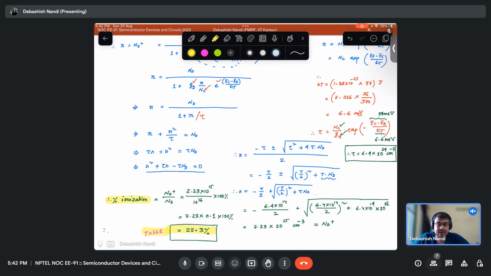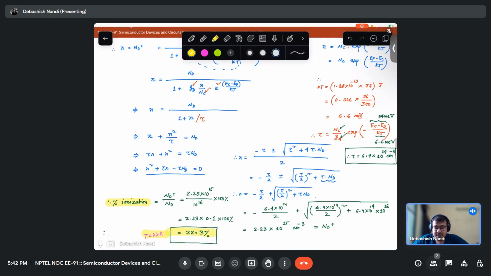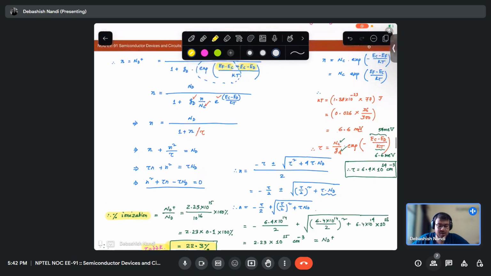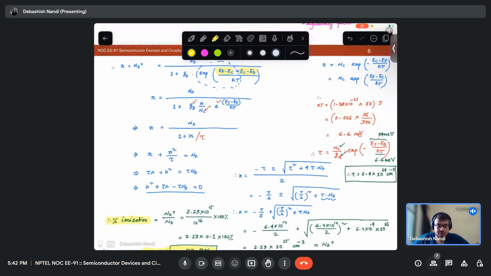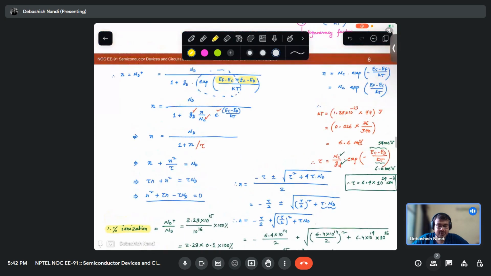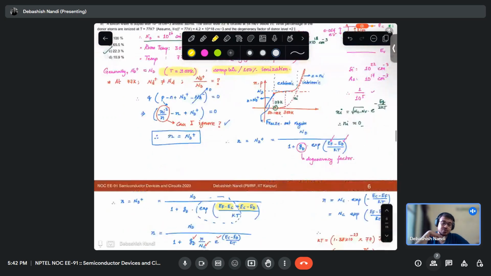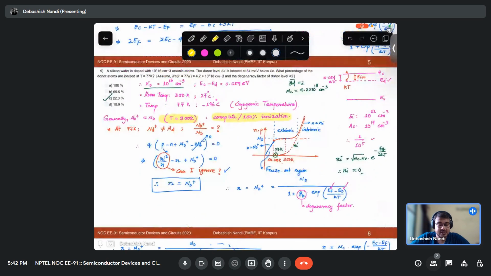So this is how this problem will be solved. This is, I would say, one of the most difficult problems you will find in this chapter on carrier concentration and statistical mechanics. So please go through this problem again if you did not understand anything.